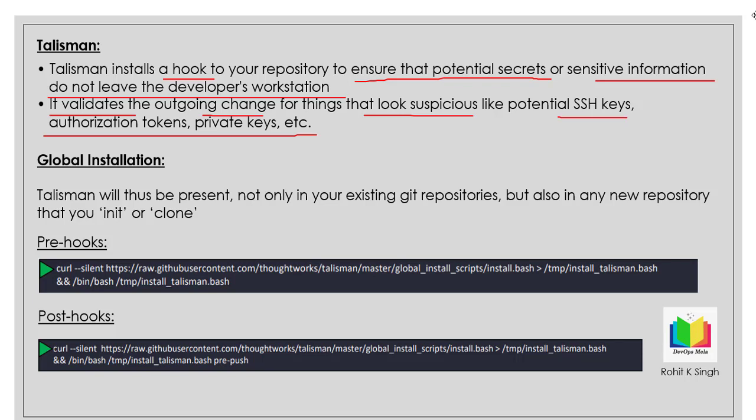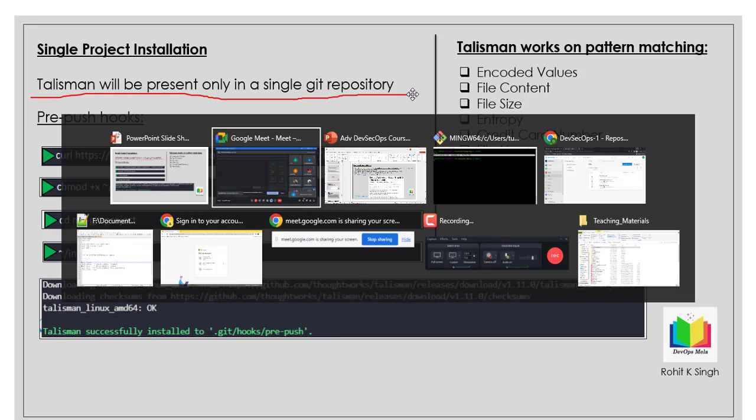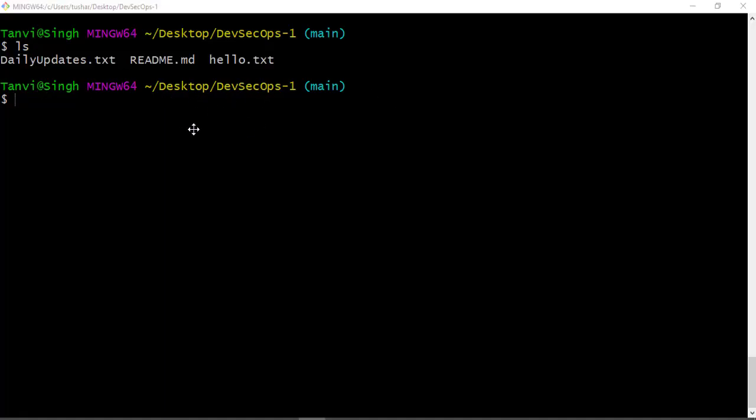So Talisman will be present not only in existing Git repositories, but also in any new repository that you init or clone. That is what global installation is all about. Single project installation is present only in a single Git repository. So this is my single Git repository, guys, and it will be present over here. Okay.